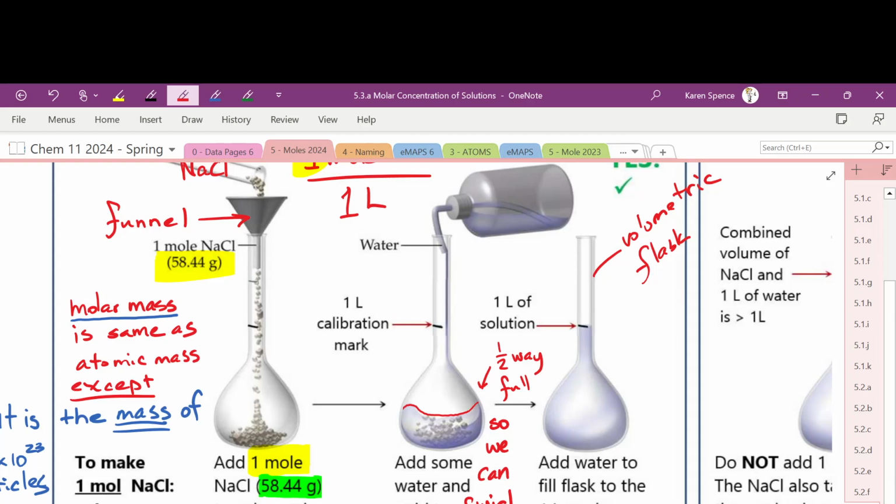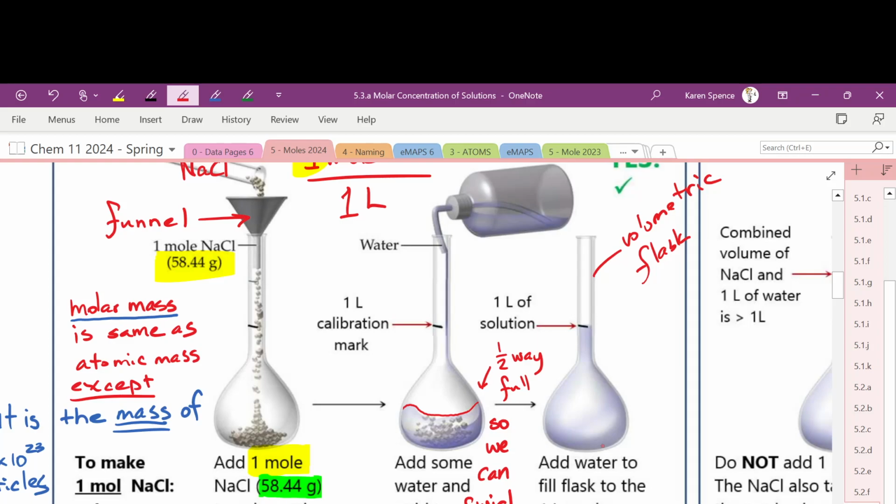That's a bad thing because I would have to start all the way from scratch again if I go over the line, because it's all mixed now, right? But what I would normally do is I would normally get close, and then I would start using a water bottle, because that way I can control the flow a lot more. And if I really want to, I can even get a medicine dropper and start going drip, drip, drip as I get it right up to the line. Okay?